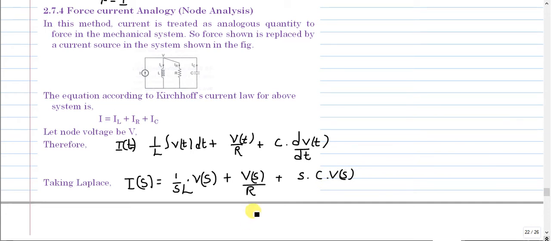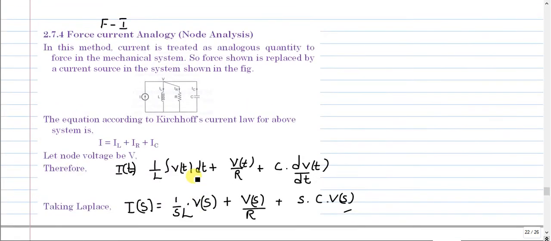So this will be your equation when you apply Laplace transform. See, after applying the Laplace transform, you can analyze that every equation can be rewritten in terms of output by input.